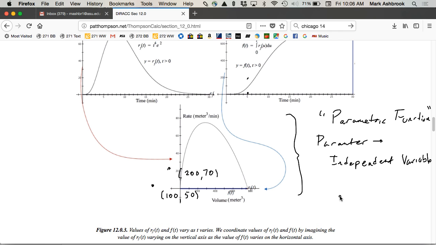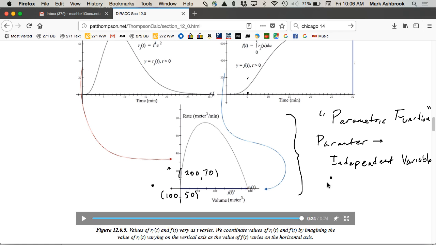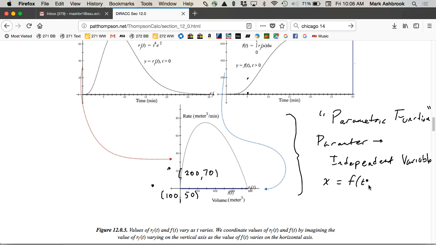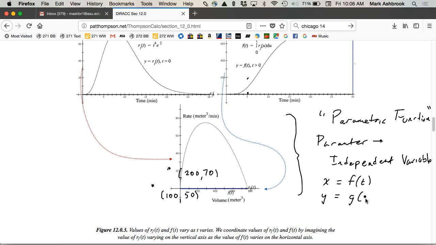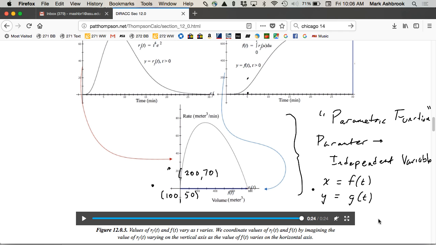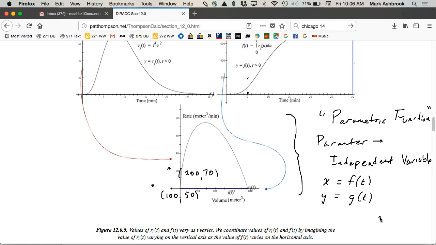What gets graphed is our correspondence points. So we get our x value of the correspondence points are some function of t, and the y values are some other function of t. But we still graph correspondence points of x and y, not t.